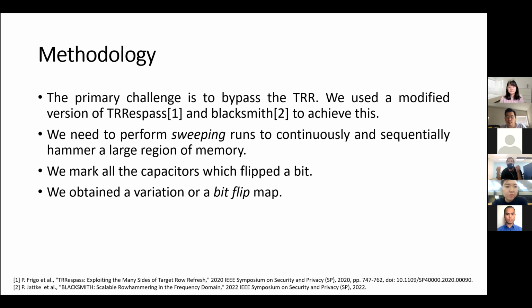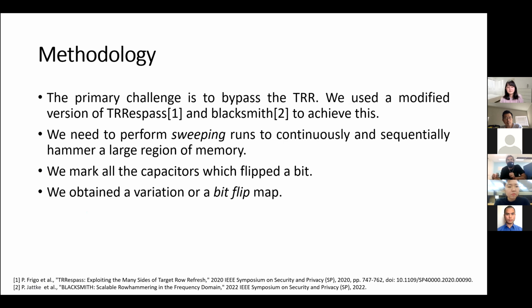Now we hammer. In the hammering rounds, we access those aggressors A and A plus 2 5 million times. Then we increment both of these aggressors by 1. So A plus 1 and A plus 3 are hammered 5 million times, and we do this until we cover the 256 MB block.